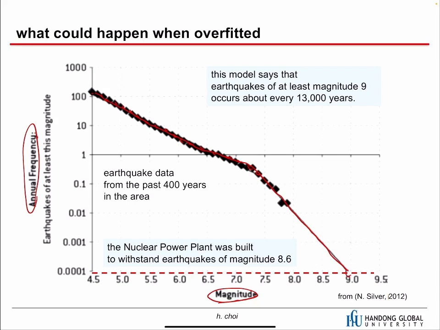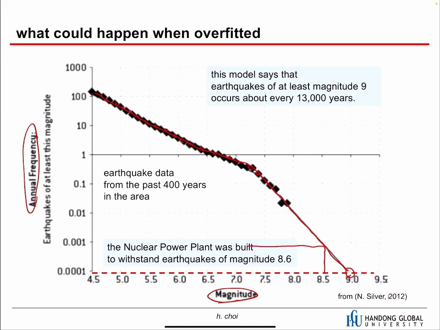So look at this point. Magnitude 9.0 will occur. Let's say if it is 0.0001, that means magnitude 9 will occur about every 10,000 years. So they built the nuclear power plant, which can withstand earthquakes of magnitude 8.6. 8.6 is around here.